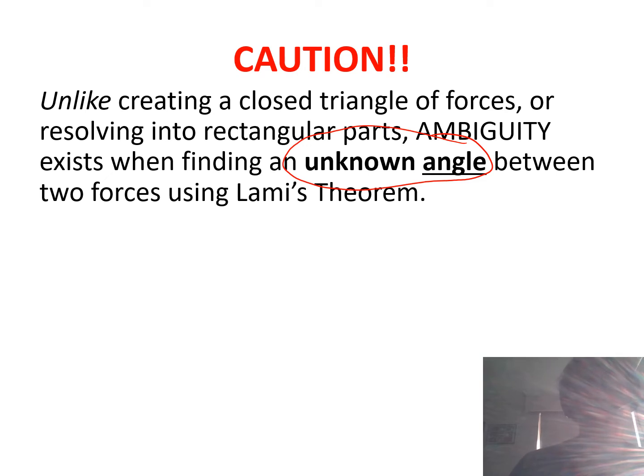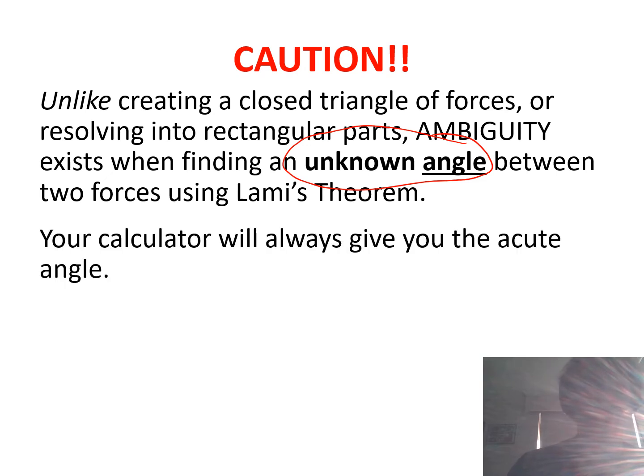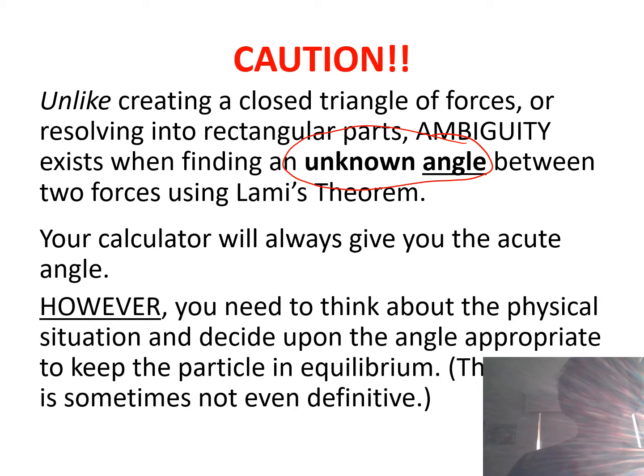Now, our CAS will always give us the acute angle. However, it may be that the actual angle between the forces is the supplement of that acute angle. So how do you make that determination? Well, generally, it's all about thinking about the physical situation and which is the more likely of the two.